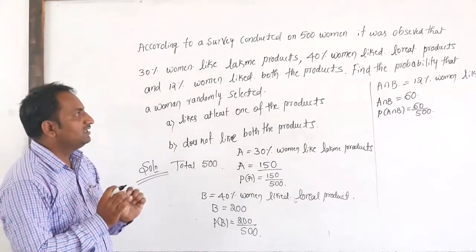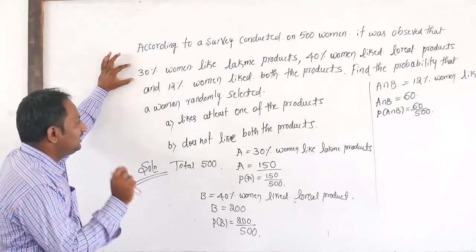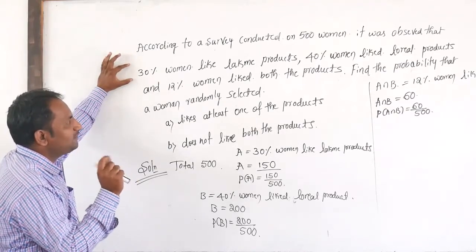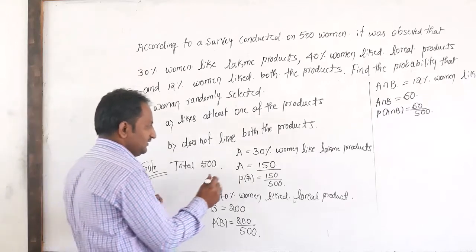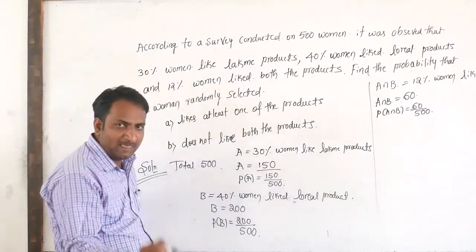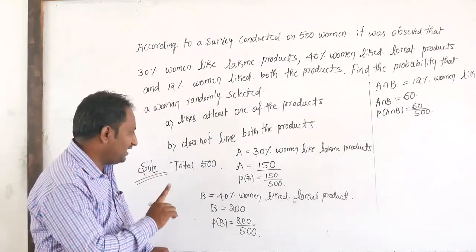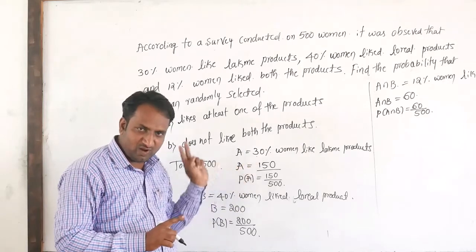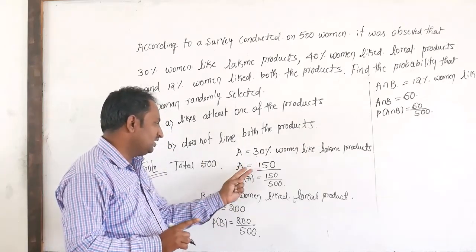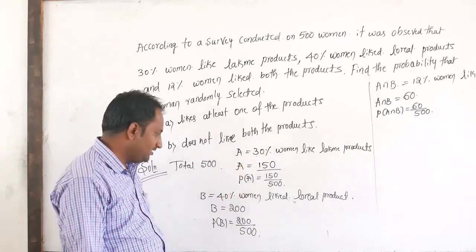According to the survey conducted on 500 women, it was observed that for the first event, 30% of women like Lakman products. 30% of 500 is 150, so the probability of event A is 150 divided by 500.